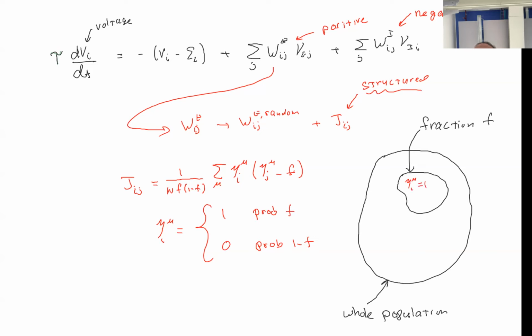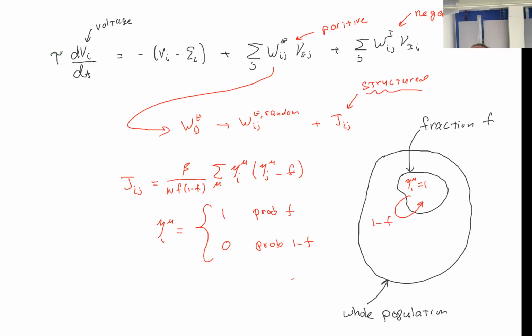So J_ij is positive here. The connection strength is proportional to 1 minus f, so these neurons excite each other.